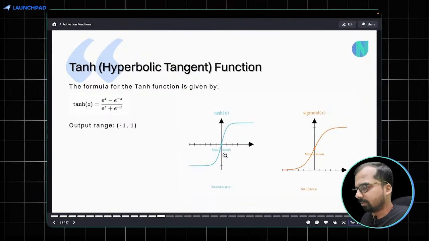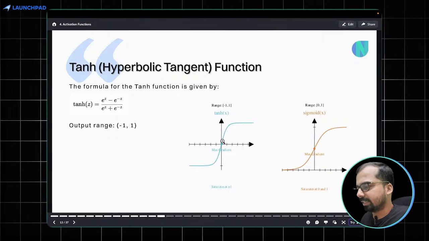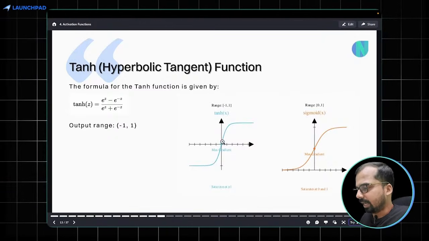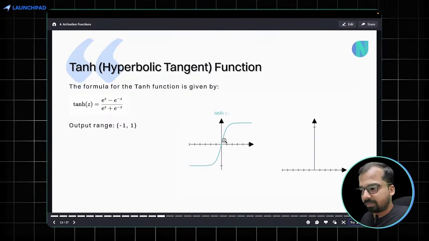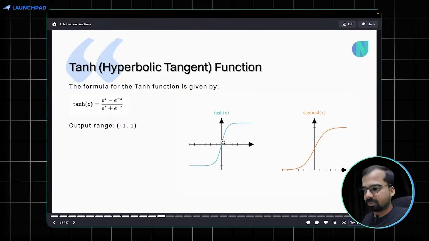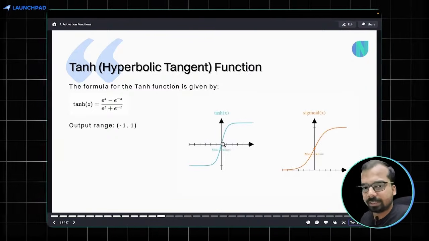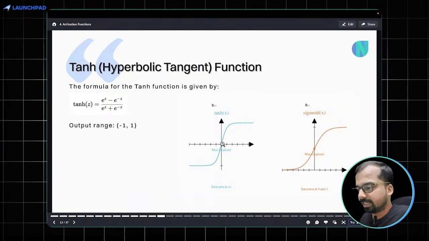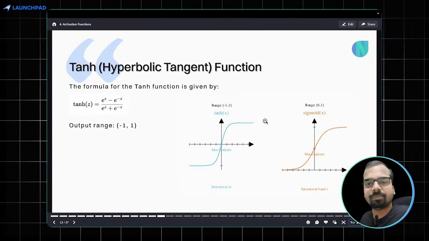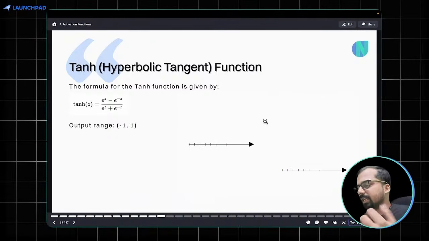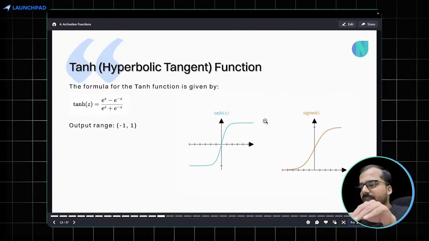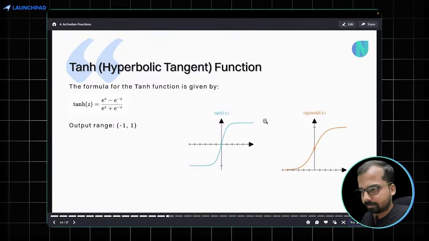Now if you compare sigmoid and tanh, the benefit of tanh is it is centered around 0. But it still suffers if you go to the very right or very left. Its slope will almost be tending to 0.